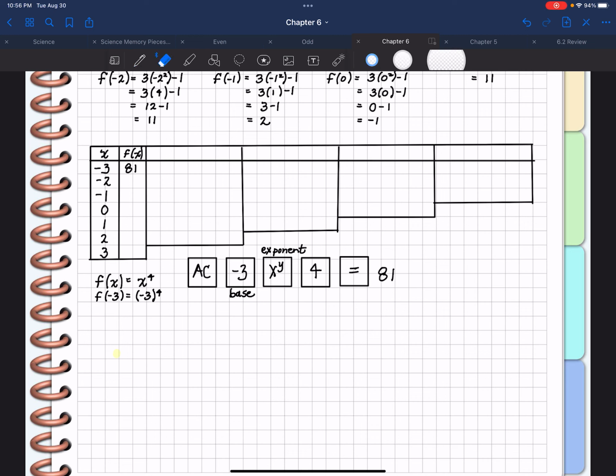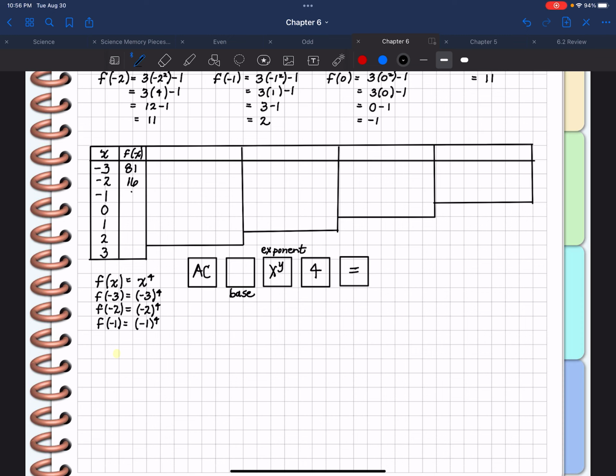Okay, then we're going to change out the base each time. That's your x value. So f of -2, you just put a -2 in there and do the math. -2 to the 4th power equals +16. Then f of -1, you put in a -1 and raise it to the 4th power.